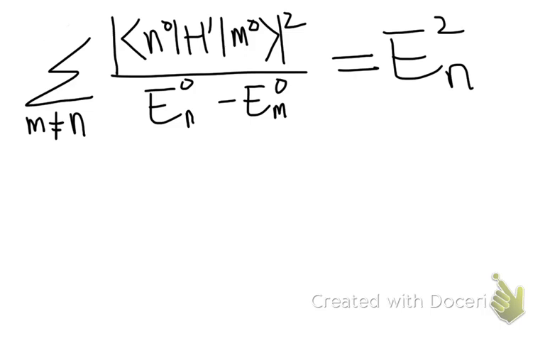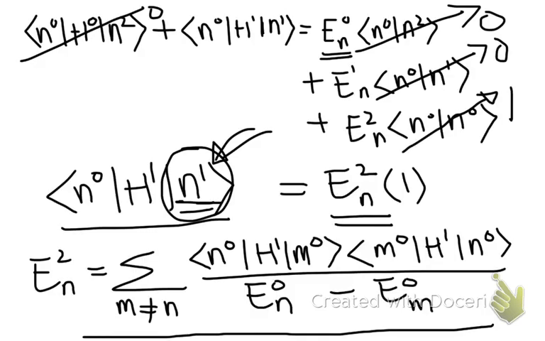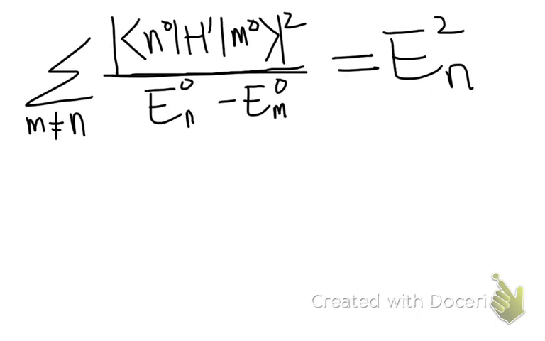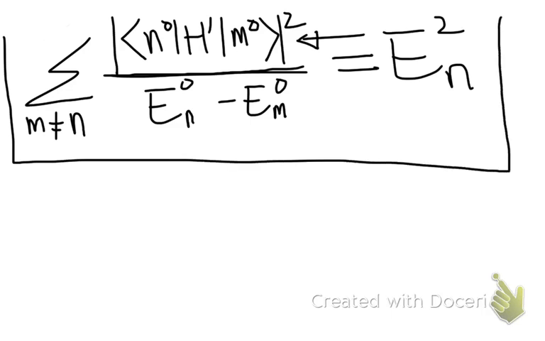The term in this fraction comes simply from the fact that if you look over here, I have this thing, and this thing is nothing but the mod square of this term over here. So this equation gives me my energy corrected to second order, the energy eigenvalue of my system.